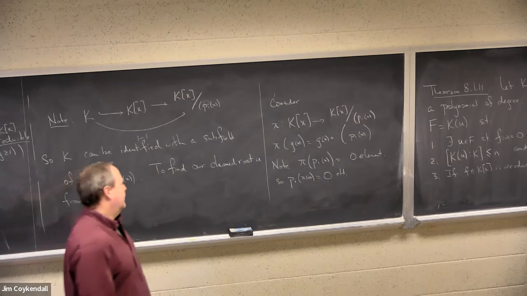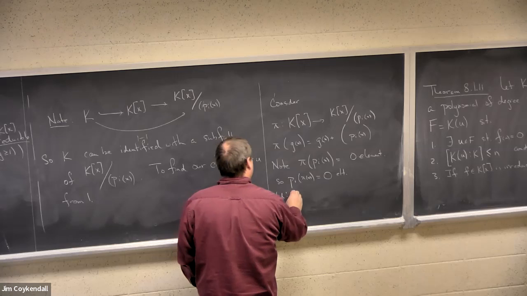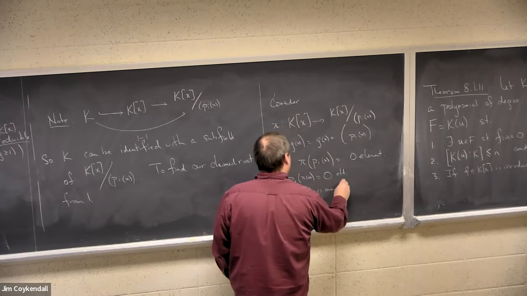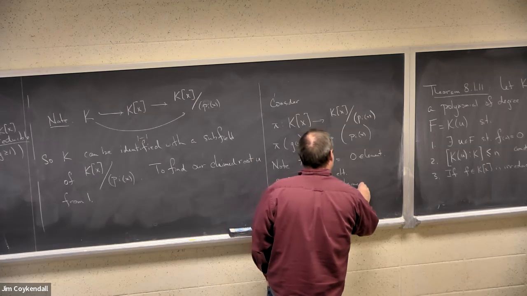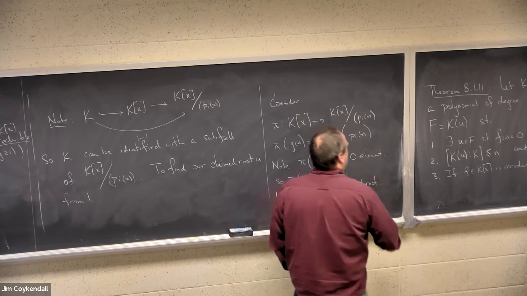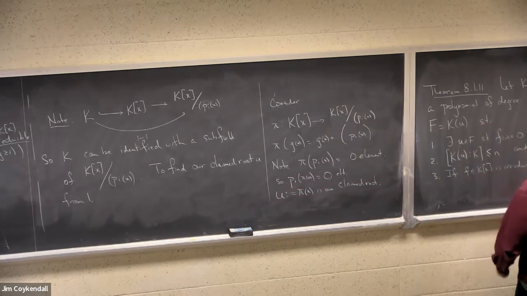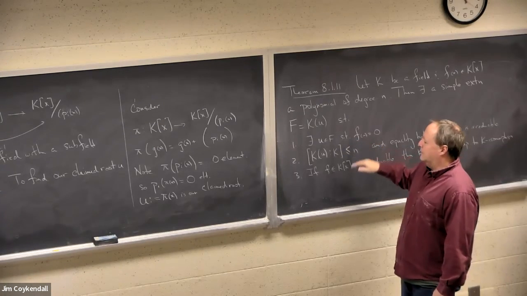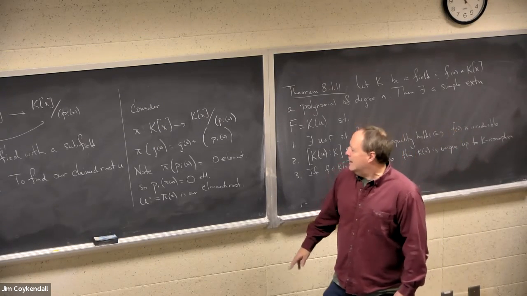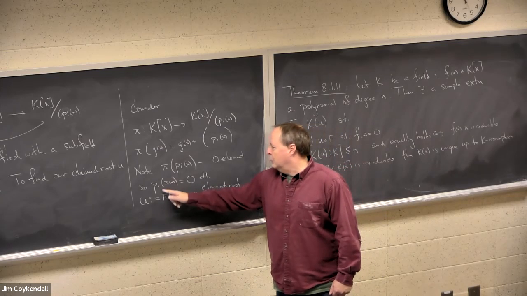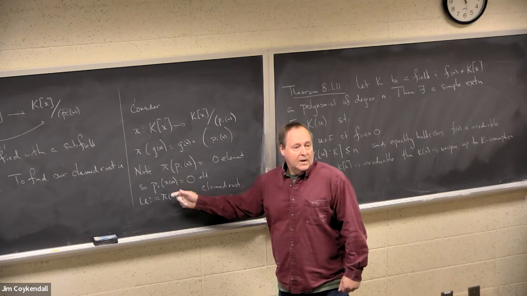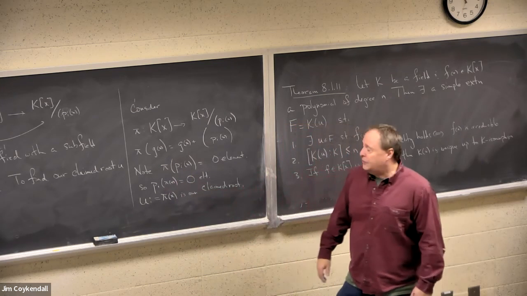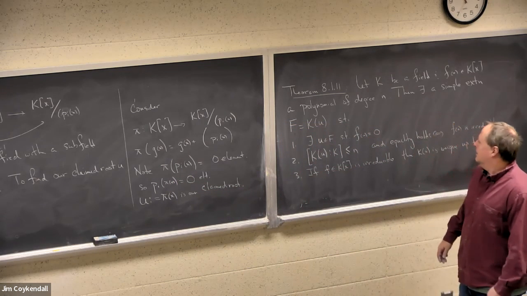And so u is our claimed root. So that's enough for today, but what do we have? There's a u such that f of u is 0. Well, what we found is this u such that p_i(u) is equal to 0. And if it's a root of one of the factors of f, it's certainly a root of f.